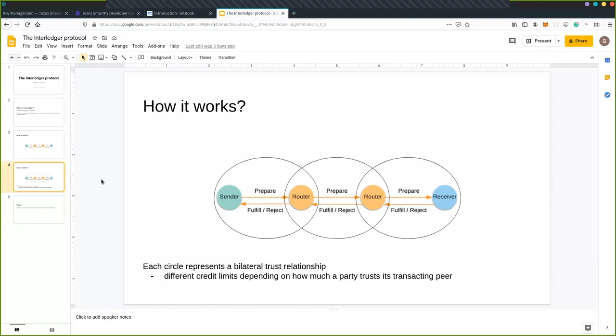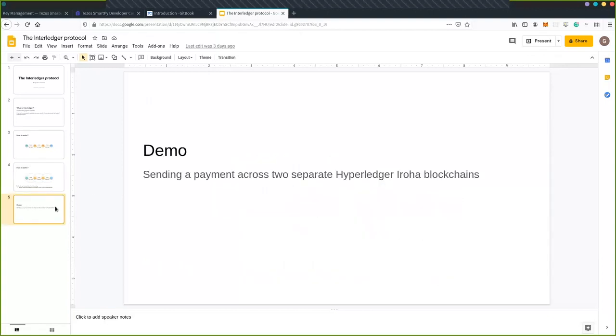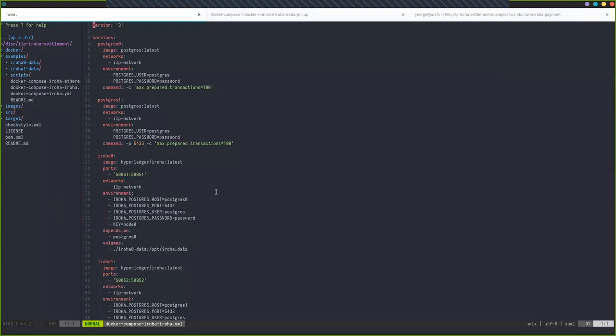And next, I'm going to show you an example of performing a payment across two different Iroha blockchains. So here I have a Docker Compose file, which is used to set up all the required processes in order to run this example.